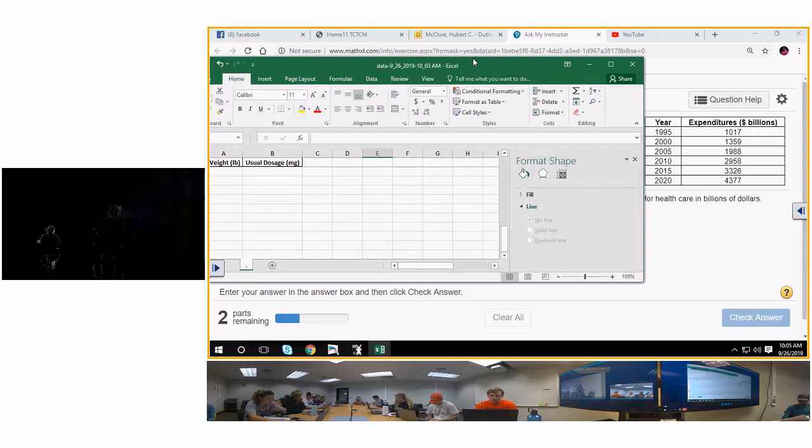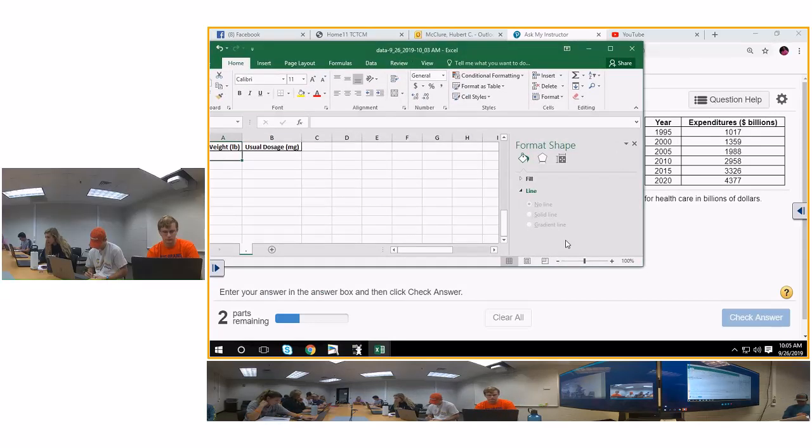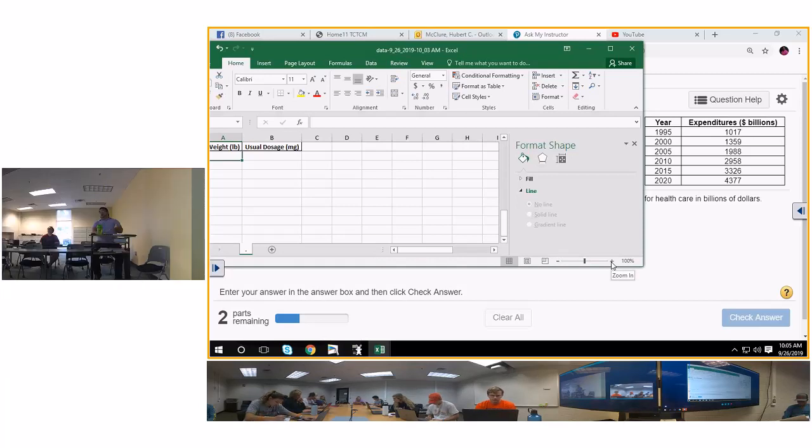So this is going to be, I guess they're going from 1995, so we'll have to make that 0? And then how many years since 0 would be 5, and 10, and 15, and 20.